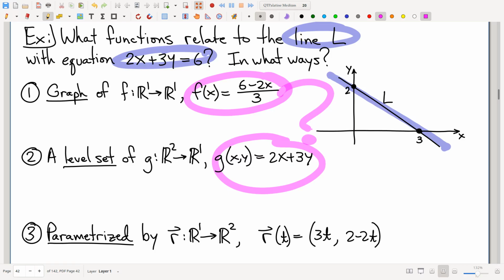The calculus of graphs applied to f will tell us some information geometrically about L. The calculus of level sets, which we will talk about over the next couple of weeks here and there, will tell us different, also very useful geometric information about the exact same line L. Yes, you have to know the calculus of graphs, and yes, you have to know the calculus of level sets, but you've got to keep them distinct in your mind so you apply the right kind of calculus to the correct function.